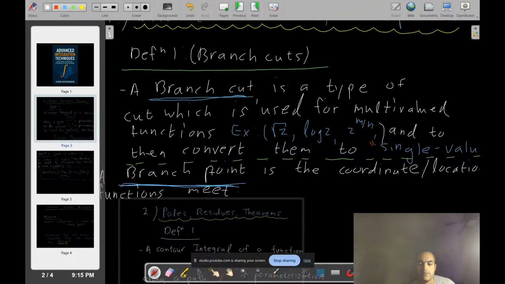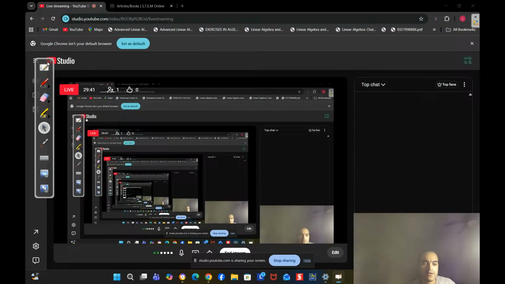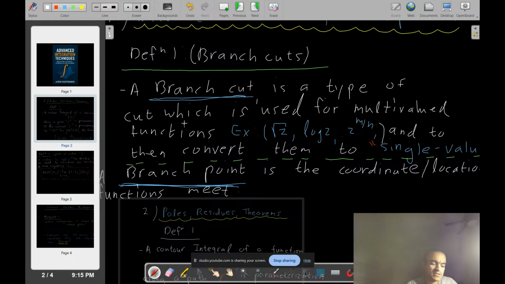I'm talking about it at a conceptual level, because it can be a bit tricky to understand conceptually. So I'm going through it. Looks like we can continue.